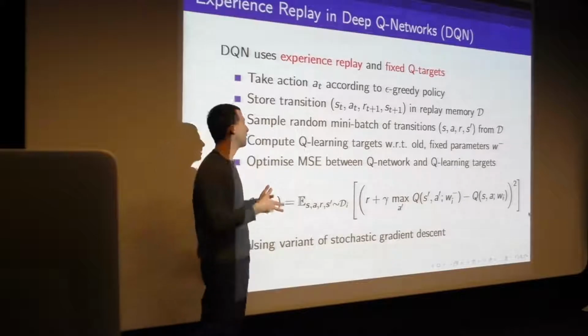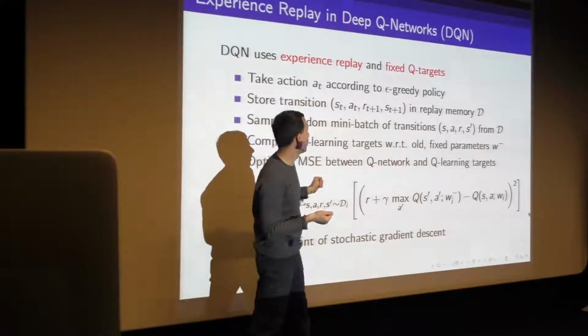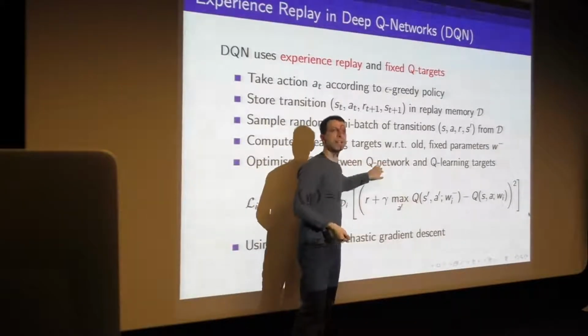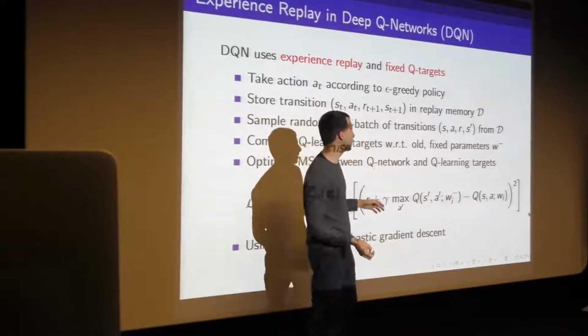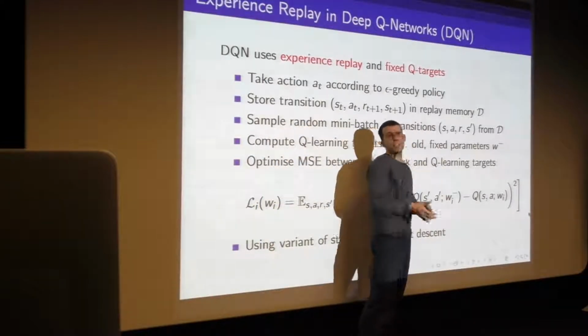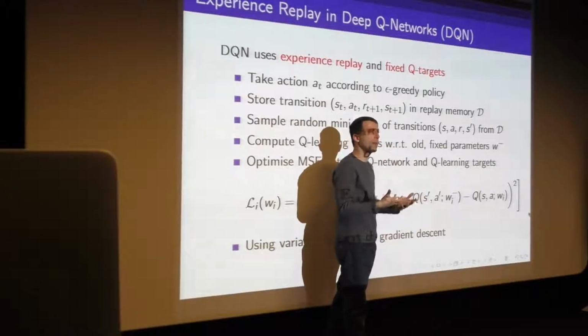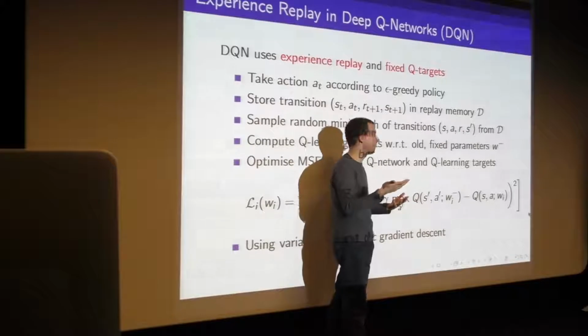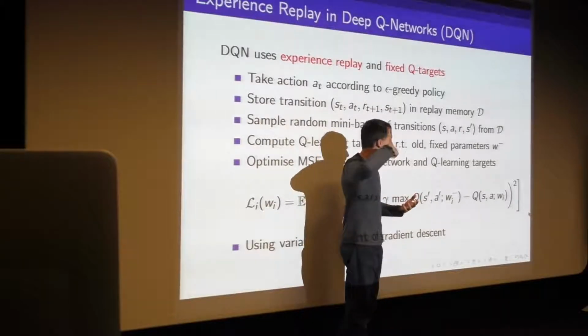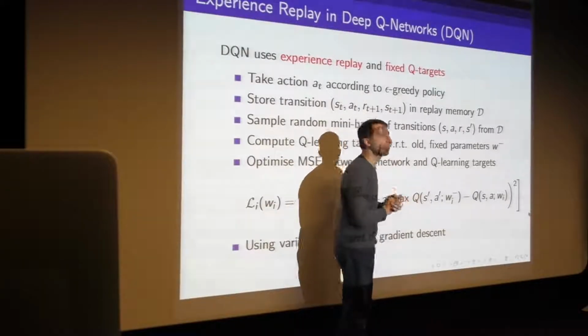And we optimize the mean squared error between what our Q network is predicting, our action value function, and our targets. The targets are just something we plug in instead of the oracle. The thing which we plug in is like a Q learning target. So it's just like the SARSA targets, but with a max there.